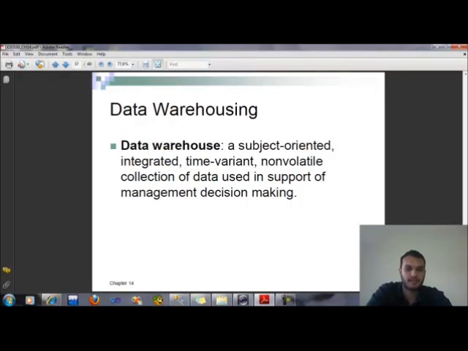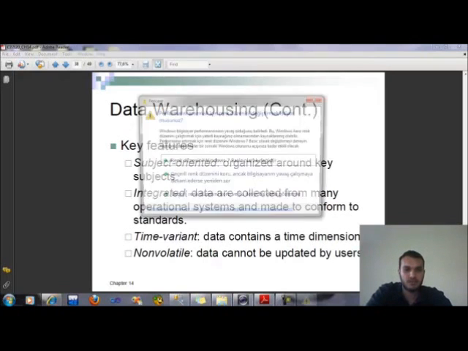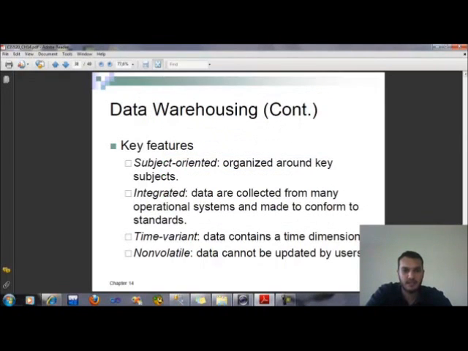And data warehouse. What's the data warehouse? A data warehouse is a subject-oriented, integrated, time-variant, non-volatile collection of data used in support of management decision making. And key features: firstly, subject-oriented, which is organized around key subjects.